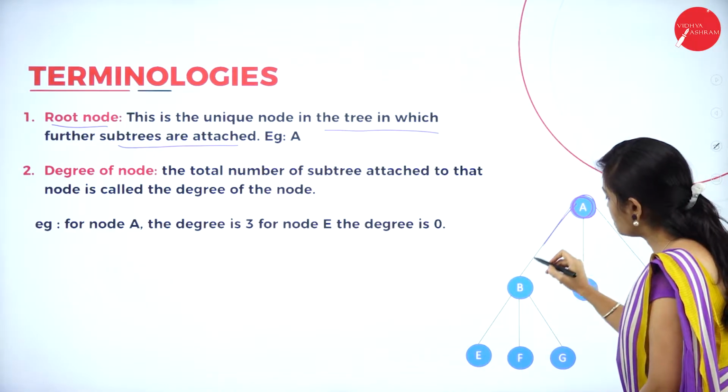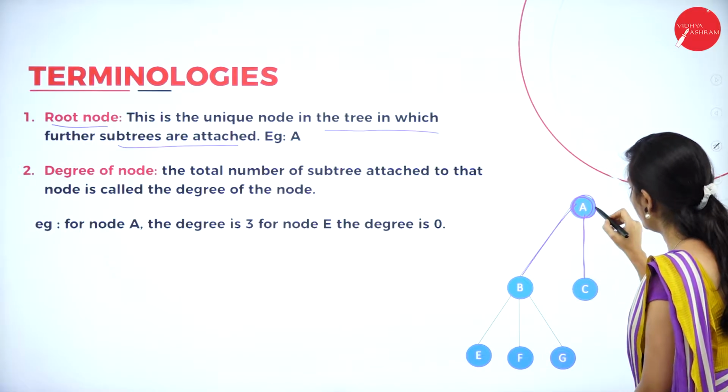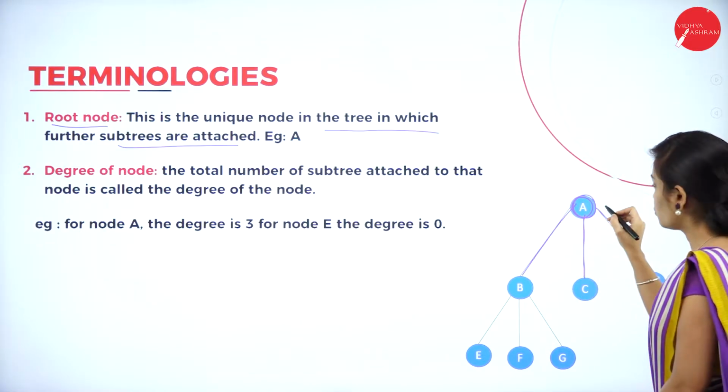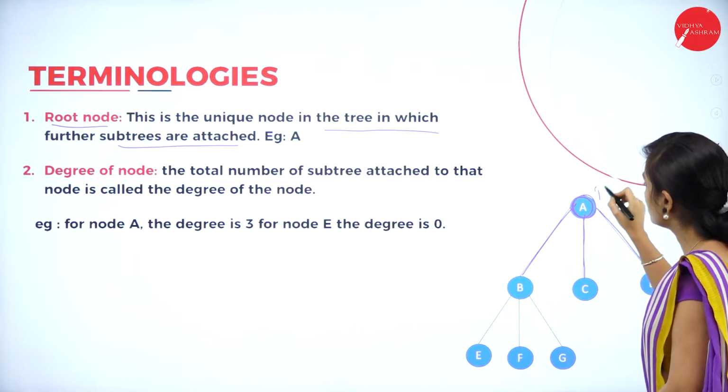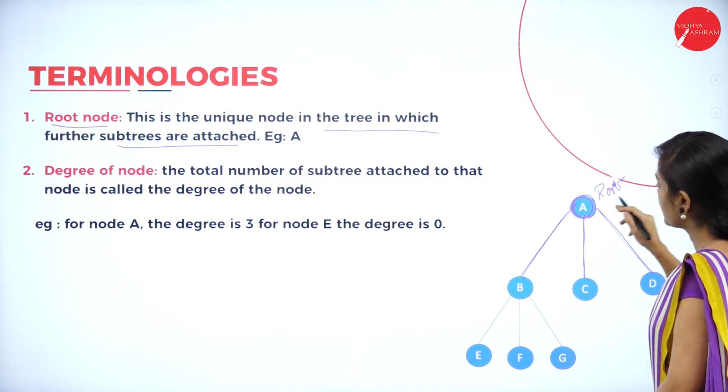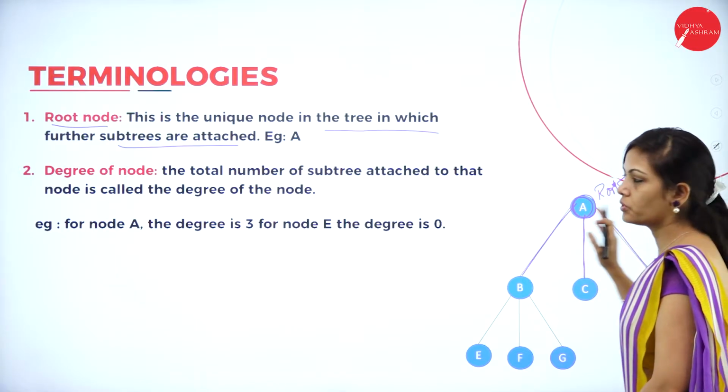Here I draw one tree structure. Root node is a unique node in the tree to which further subtrees are attached. Here subtrees means this is a subtree, this is a subtree. The root has 3 subtrees. Clear? This is called the root node. It has attached subtrees.